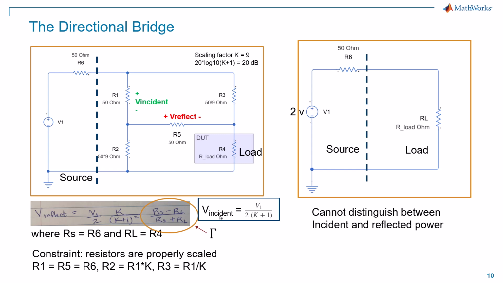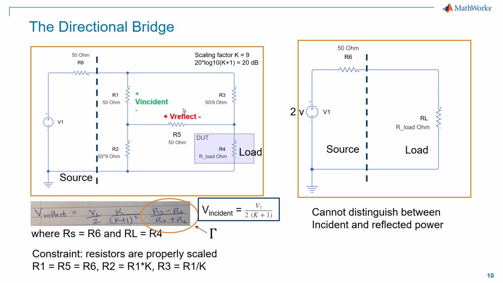Or I guess I should have said V2 is 2, since I was using 2 volts in my earlier example. So that would be 2 over 2 times K plus 1, so that's 1/10. You'd have 1/10 of a volt drop across the incident resistor, and 9/10 of a volt drop across the load. Again, at bridge balance, you have no current or no voltage drop across R5.